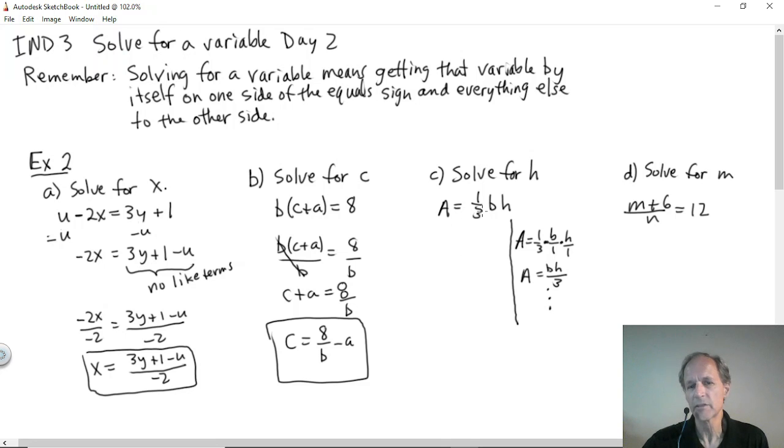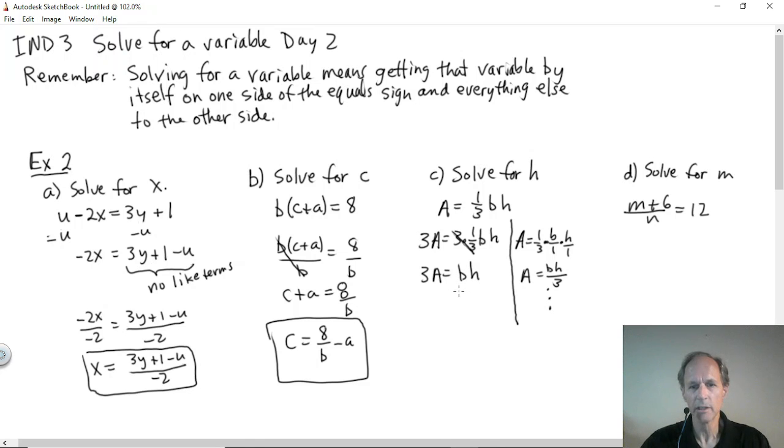So let's just recognize, sure, we multiply both sides by 3, and that's going to cancel the 1/3. So you have 3 times A equals 3 times 1/3 BH, and so that's 3A equals, that does indeed cancel, and then just BH, right?